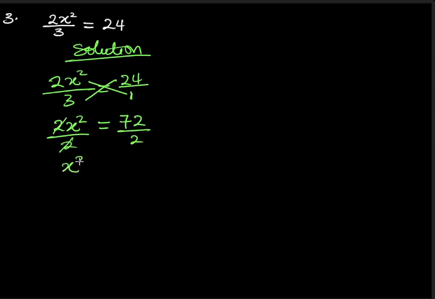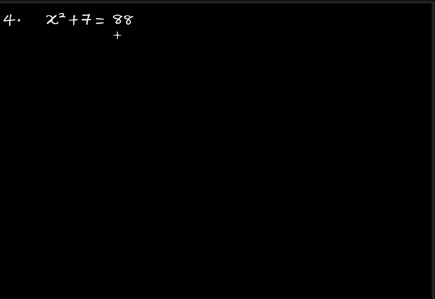We are left with x squared equal to 36. That's where we can now square root both sides. So we take the square root of both sides. The square root cancels the square, and our x is equal to 6. Okay, and then we move to number 4.